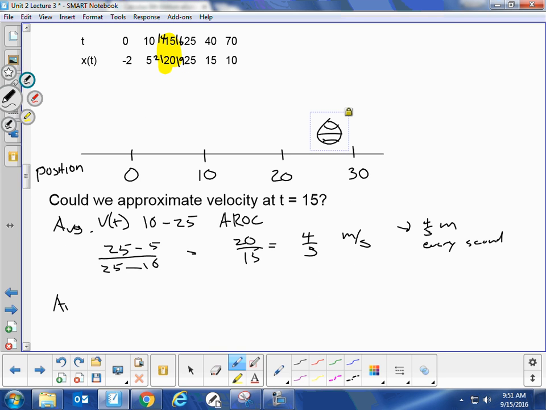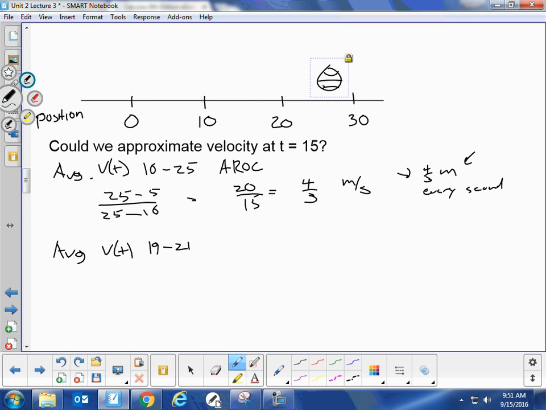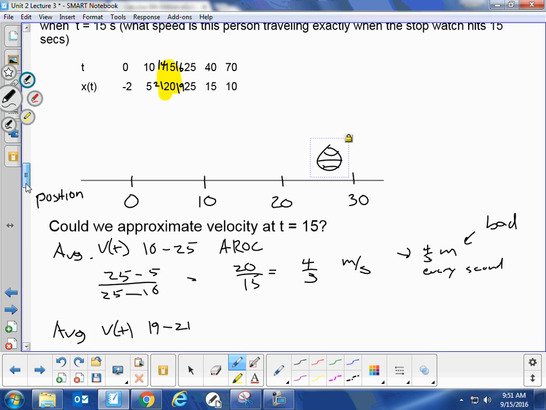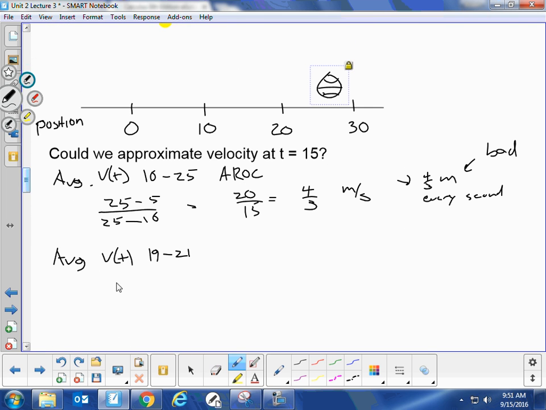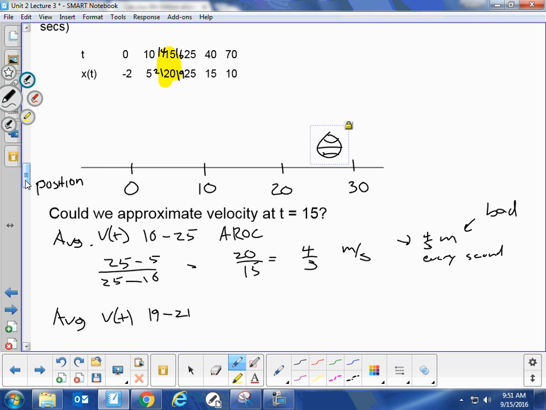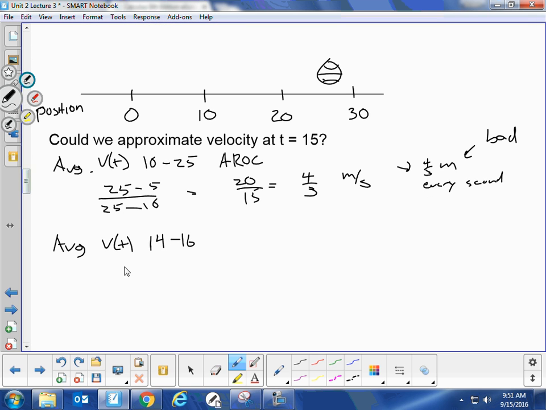Well, if I found the average velocity between the 14th and the 16th second, this is going to be a better approximation. So I got 19 minus 21 and 16 minus 14. This gives me -2 over 2 or -1 meters per second.